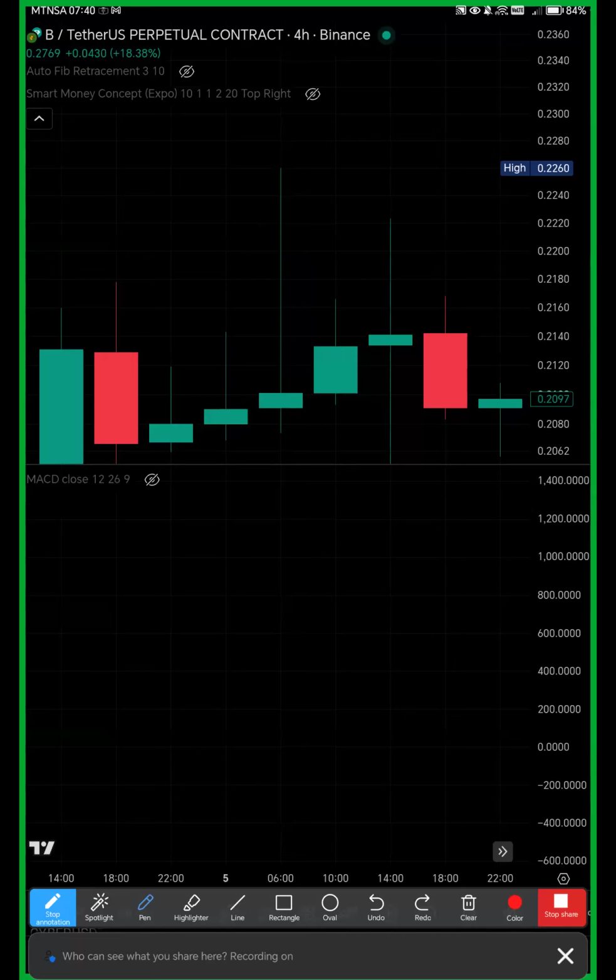What do I mean by flexing their muscle? When the price opened here, ladies and gentlemen, there was a little bit of selling activity first. That's why you are able to see the presence of a lower shadow here.